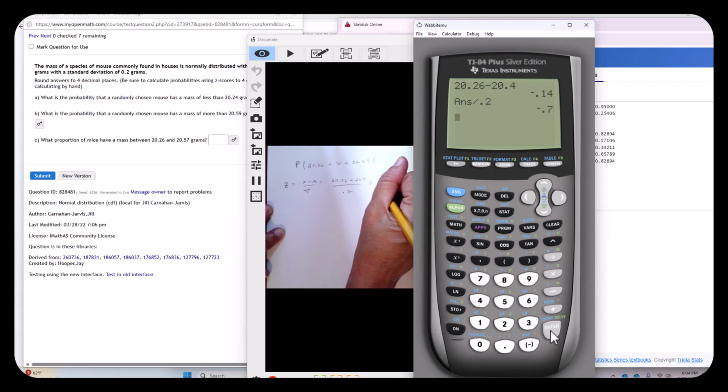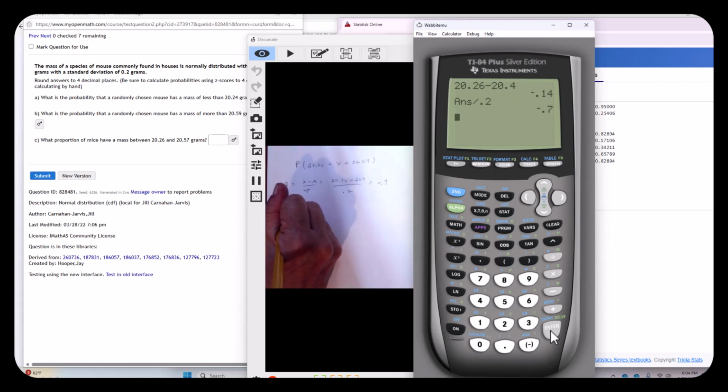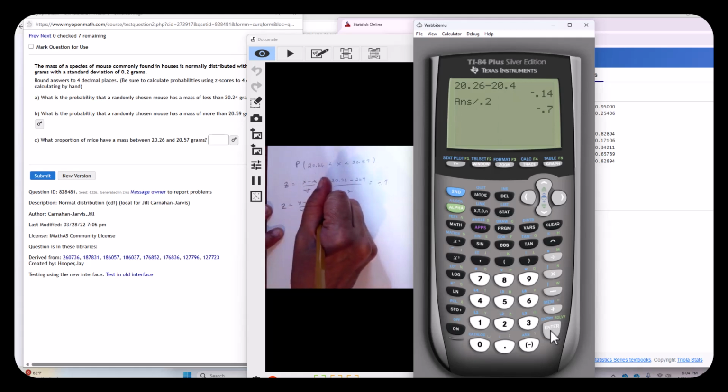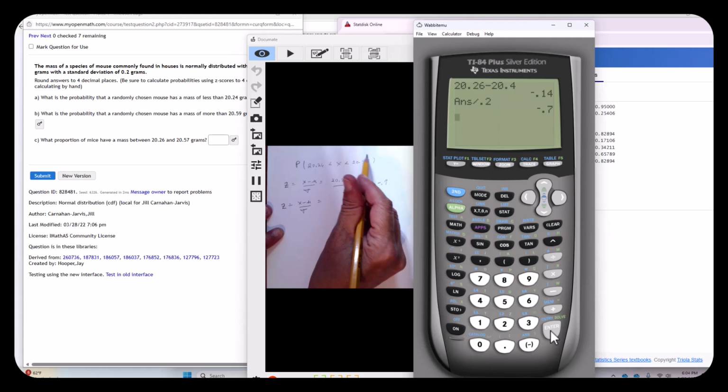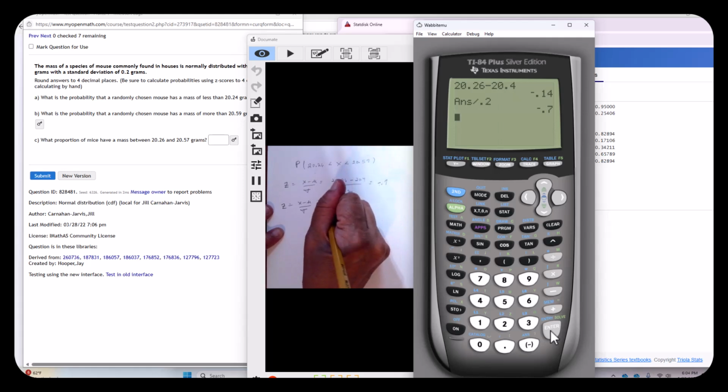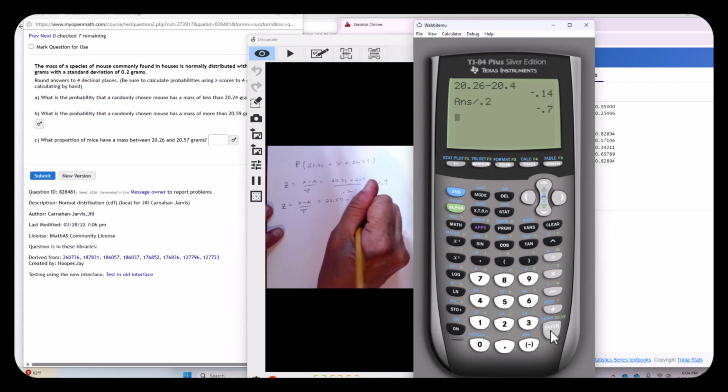The first one is negative 0.7. Do the second one: z is equal to x minus mu over sigma, and now we're using this x value, which is 20.57. Subtract off mu, which is 20.4, and divide by 0.2.